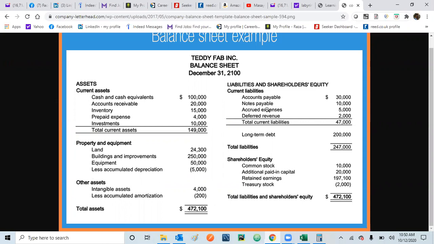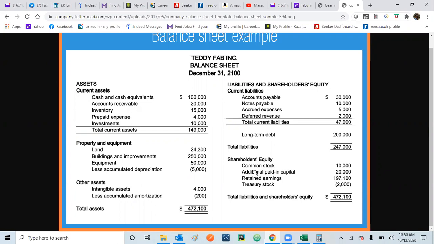Liabilities are either what you need to pay within a year's time, or what you have to pay in longer than 1 year's time. So these are different types of liabilities. If you subtract the liabilities from assets, you will be left with the shareholders' equity. So what is the shareholders' equity? Here it says common stock. Common stock means the proprietor's capital or partner's capital. That is the money that you have invested from your own pocket into the business.